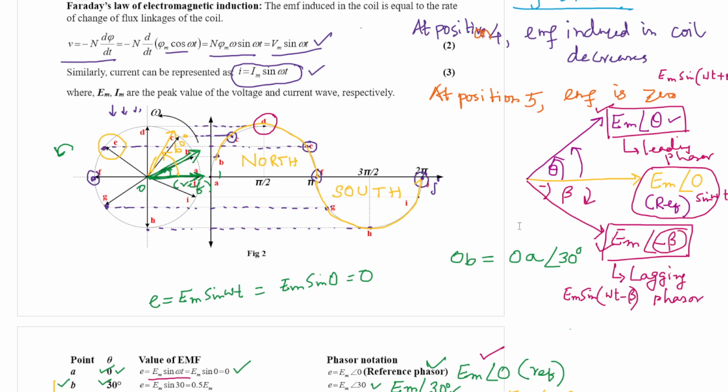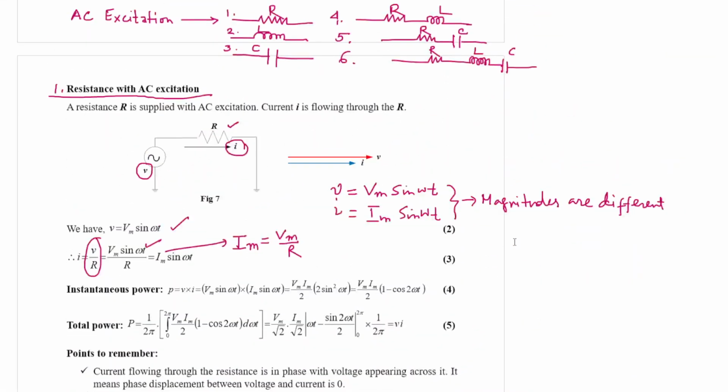So if you compare this leading phasor lagging phasor concept, this V and I is represented in terms of phasor by this diagram. The red line represents the voltage phasor and the blue line represents the current phasor, and they are acting at the same phase.